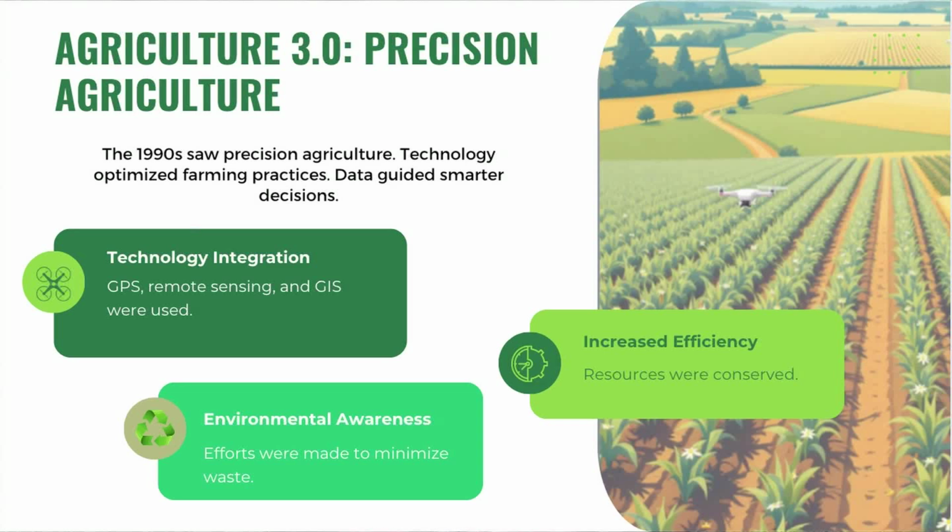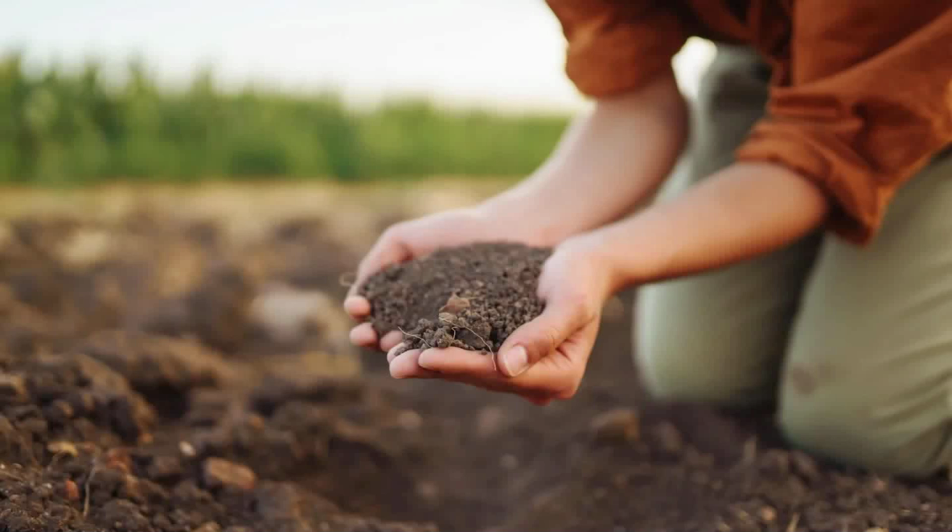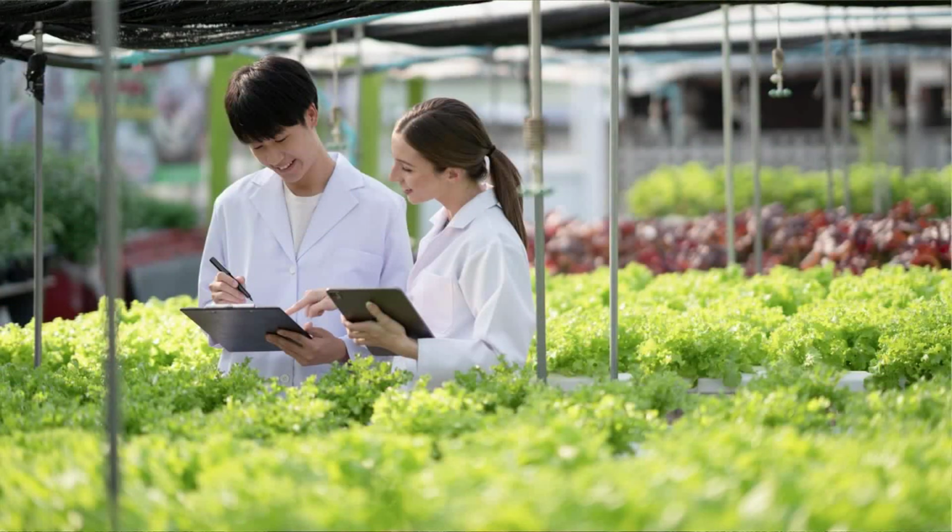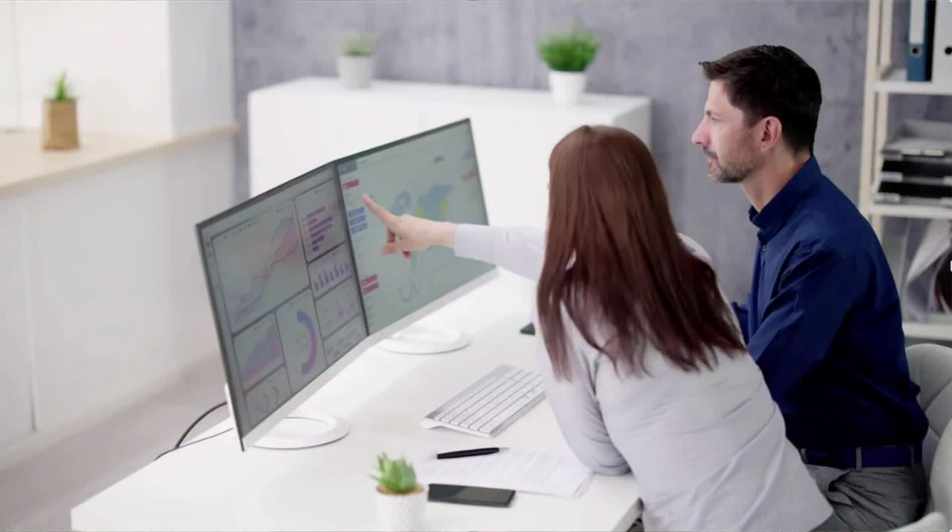Some key features of agriculture 3.0 is integration of technology. Various tools like GPS, remote sensing, and GIS, that is Geographic Information Systems, enabled farmers to collect data on soil condition, health of the crop, and also weather patterns.